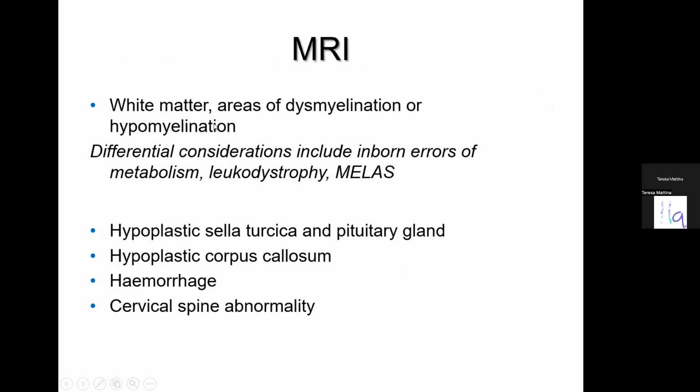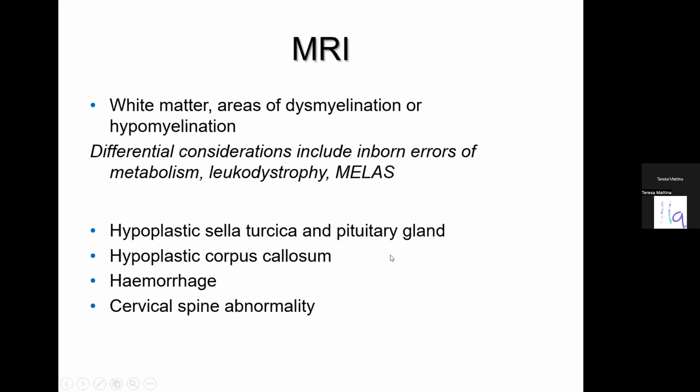MRI shows white matter problems. The differential diagnosis includes inborn errors of metabolism and even problems that are more severe than Jacobsen syndrome.